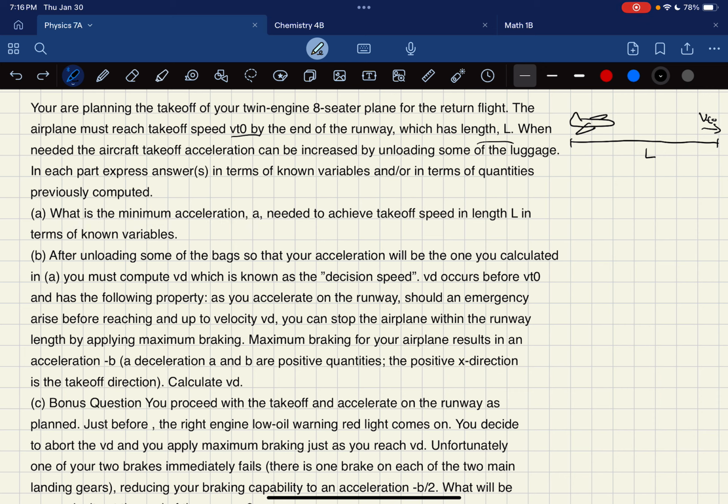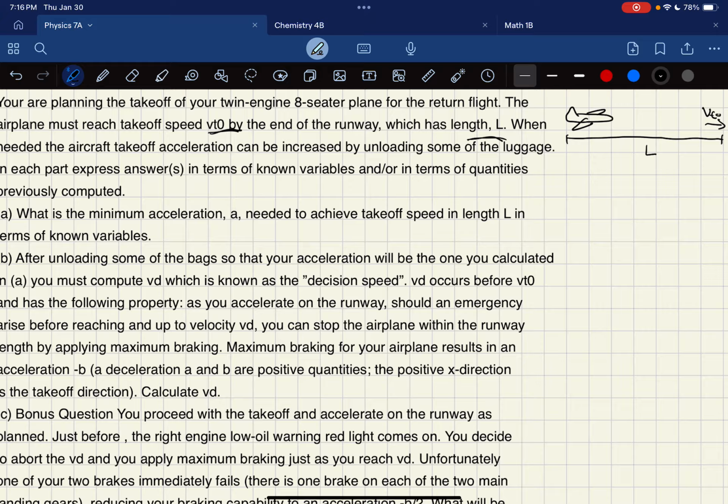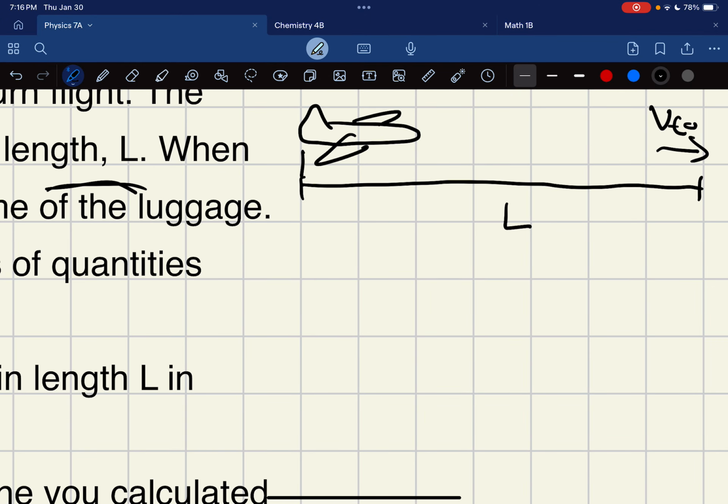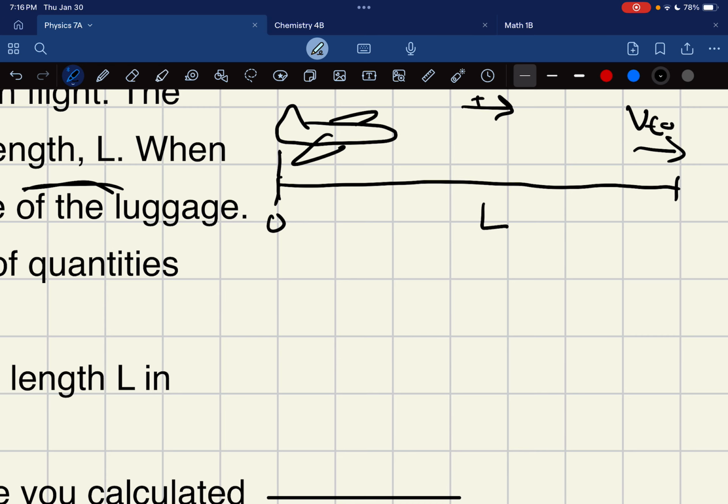So let's start with this. What is the minimum acceleration A needed to achieve takeoff speed in length L in terms of known variables? Known variables are basically going to be VTO and L. If the plane starts at rest, let's say over here at 0, let's define this as the positive x direction.